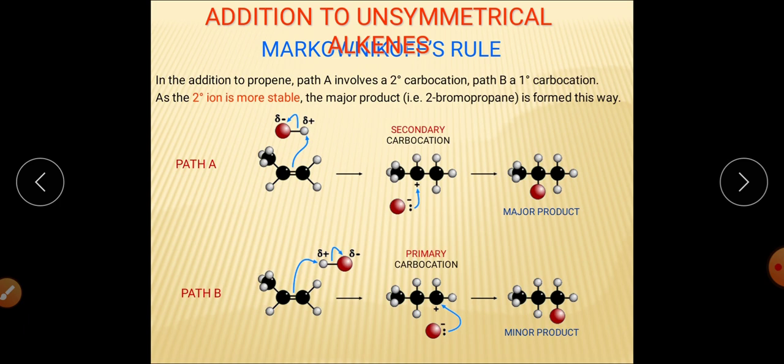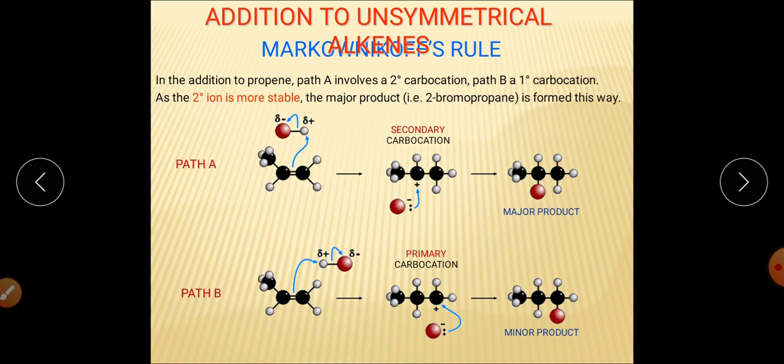You can see here on the screen that this is an alkene. This carbon contains 2 hydrogens, this carbon is attached to 1 hydrogen, and here you have one CH3 group.